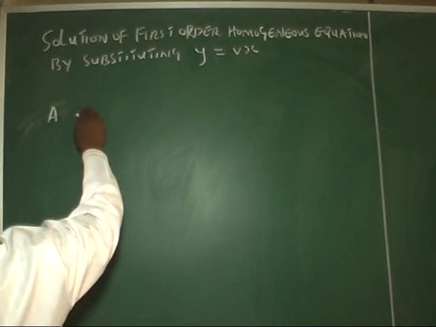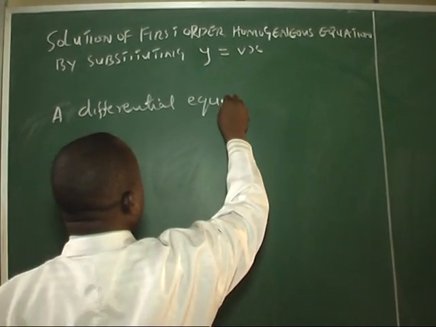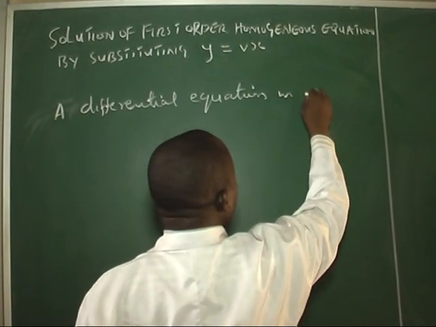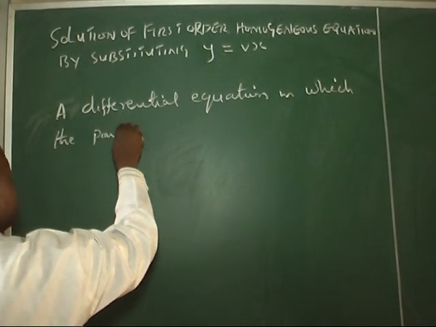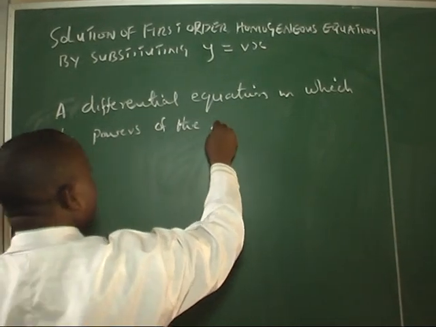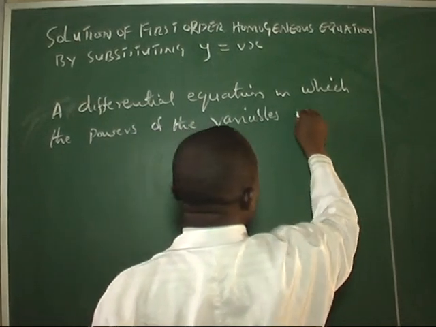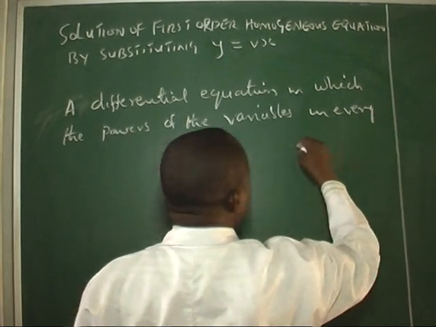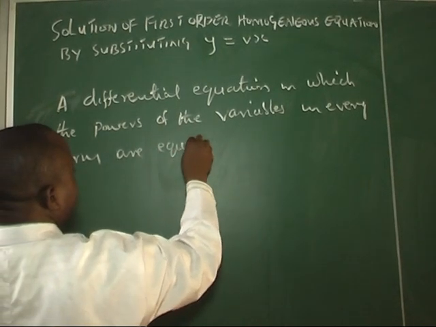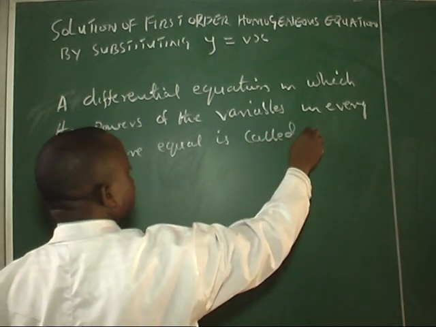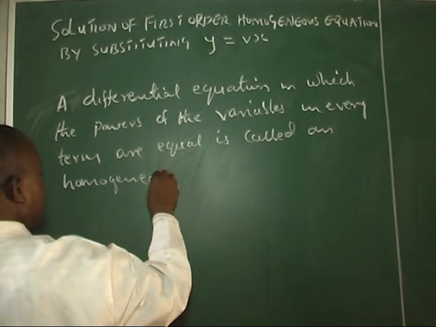A differential equation in which the powers of the variable in every term are equal is called an homogeneous equation.